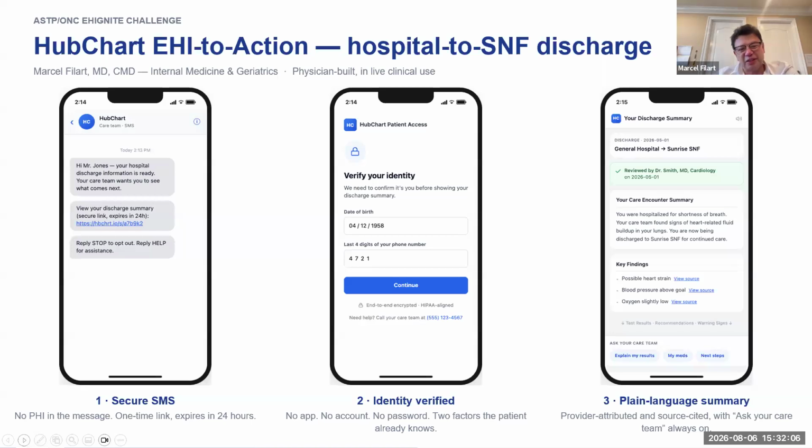Now back to the nursing home, where Mr. Jones is discharged from the hospital. Mr. Jones gets a familiar text, a familiar notification, with no medical information in the message. The link expires in a day. He knows the security rules. He's been doing this for years. He verifies with only two things: his date of birth and the last 4 digits of his phone.